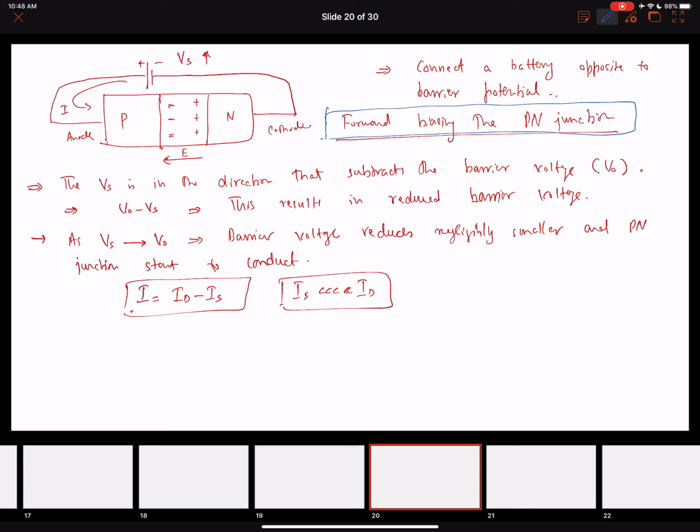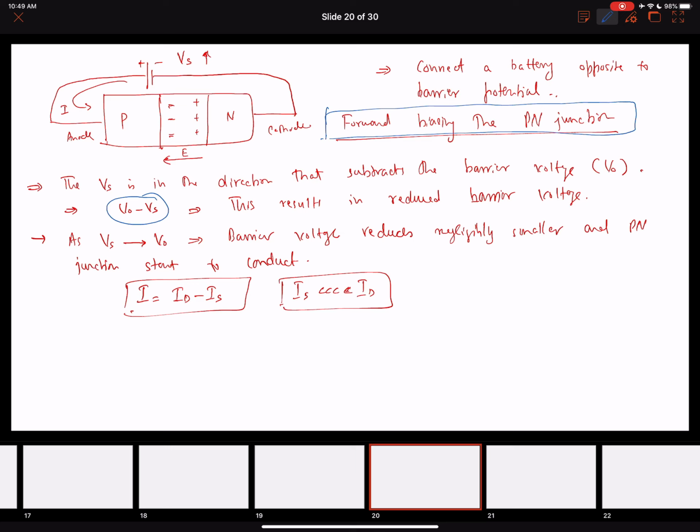So how can we forward bias it? In a very simple process, we want to make sure that we are connecting the battery in opposition to the barrier potential. If we connect the battery in opposition to the barrier potential, these two potentials will be subtracting, so our overall barrier voltage will start to reduce.